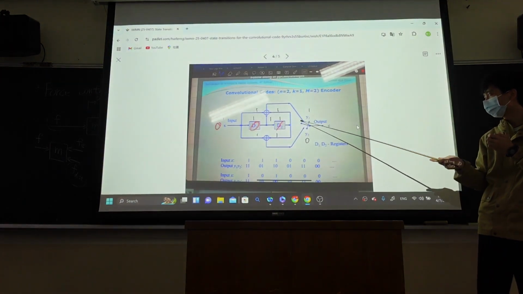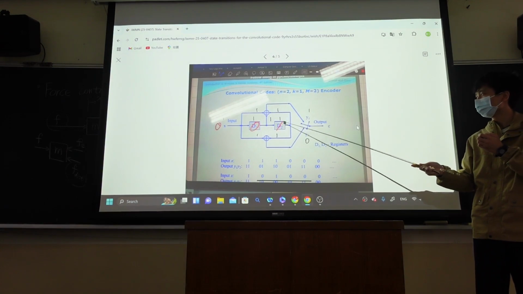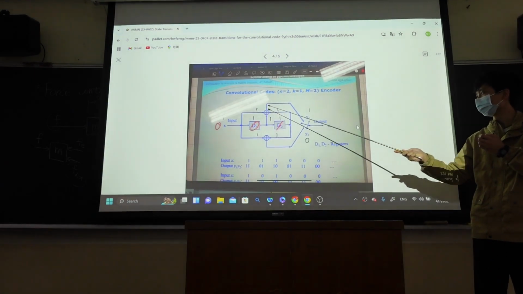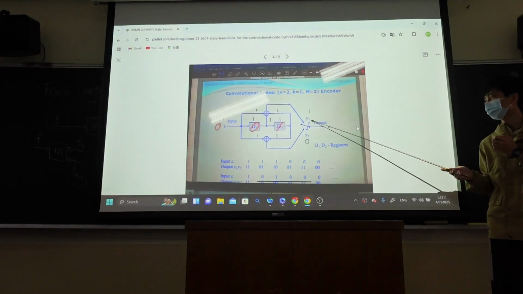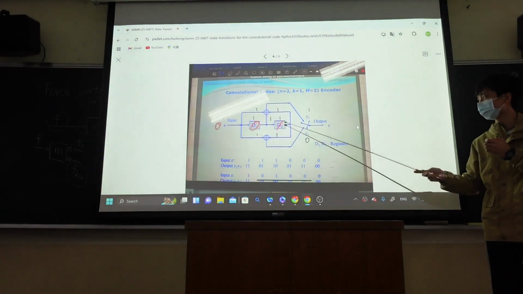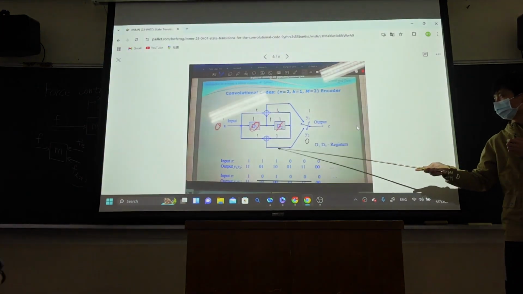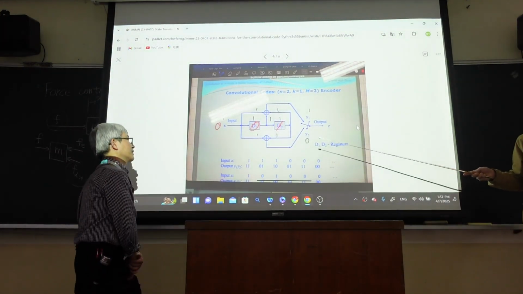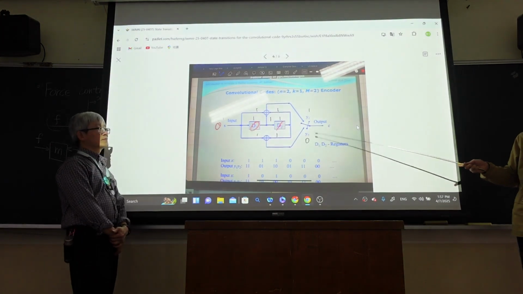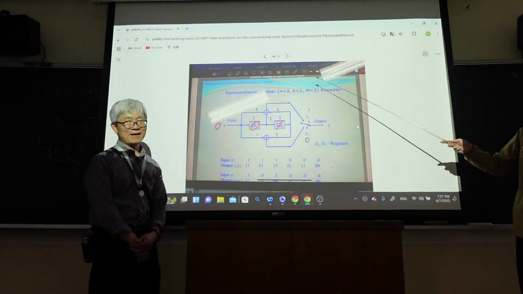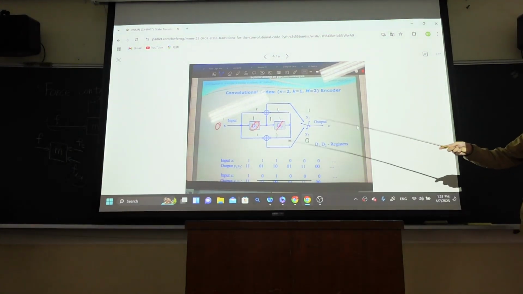For the output of y1, we get 1 plus 1, so it becomes 1. And for y2 it is 1 plus 1, so it becomes 0. So the output of our case is 1, 0. So correct? Yes, sure.